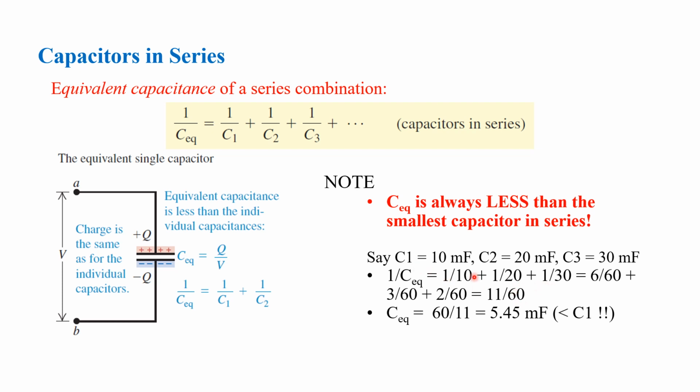We get the reciprocal, so C equivalent is 60 over 11, or 5.45 millifarads. Your smallest capacitance is 10 millifarads, and the equivalent is just 5.45 millifarads. You see here that C equivalent is less than the smallest capacitor in series.